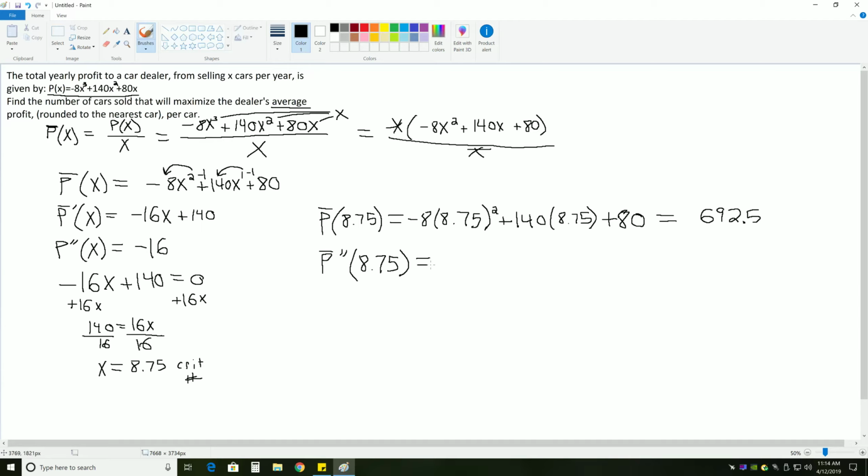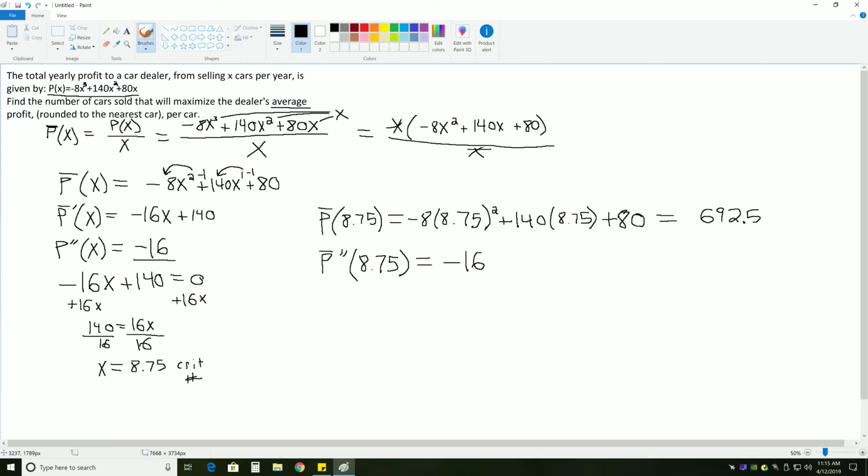When we plug 8.75 into the second derivative, there's nothing to plug it into, so the result will always be this negative 16. If we said x equals 1,000,000, P bar double prime will still be negative 16.